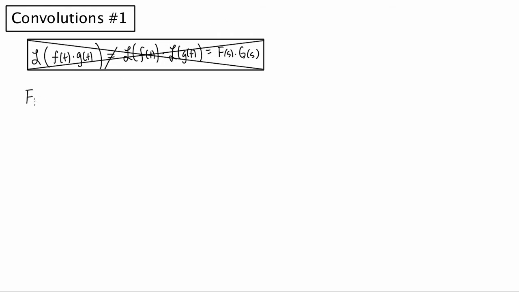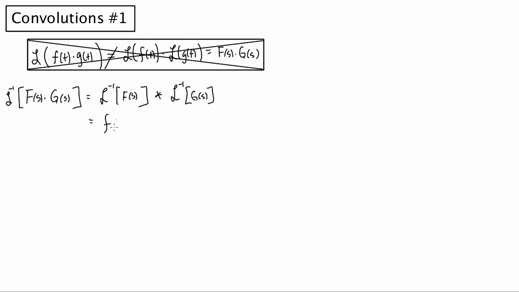Instead of F of s times G of s being f of t and g of t, it turns out that when you take the inverse transform of these, this is equal to the inverse transform of F of s, but it's not times the inverse transform of G of s. What you end up with in this case is something called the convolution.